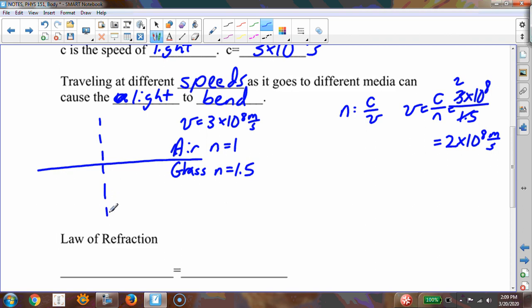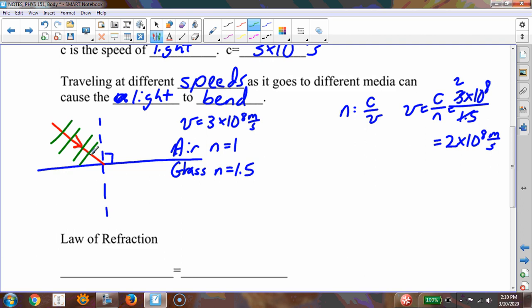So let's imagine, I'm going to draw a line here. This is our normal line. It's called normal because it's perpendicular to the surface. Let's imagine that I have a light ray that comes in like this. That is the ray interpretation of light. But it really helps us when we're talking about refraction to think about the wave fronts. You can think of them like waves coming onto the shore of a lake.